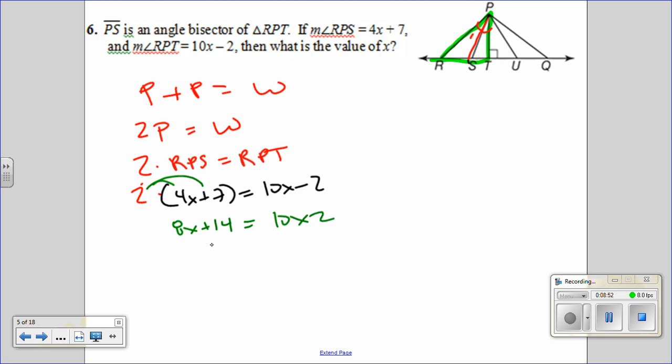Subtract 8x on both sides. That would leave you with 14 equals 2x minus 2. Add 2 on both sides, which would give you 16 equals 2x. And divide by 2. So 8 is equal to x.